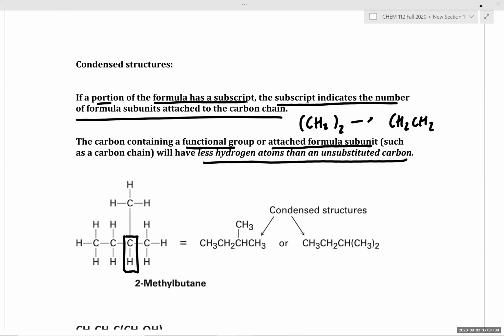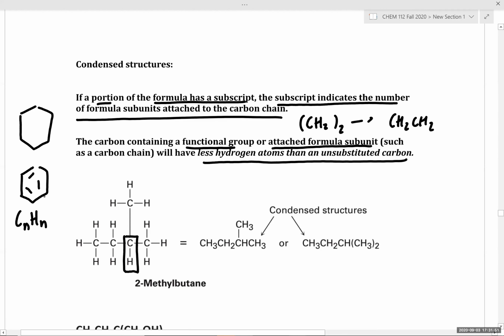Does that make sense? Further, if you compare a cycloalkyl group to an aryl group, the aryl group has the formula CnHn, while the cycloalkyl group has the formula CnH2n. So the cycloalkyl group has more hydrogens as well.